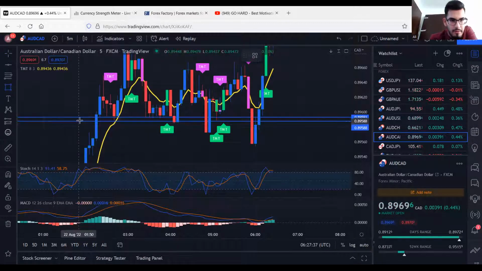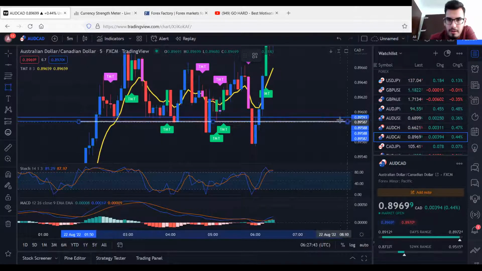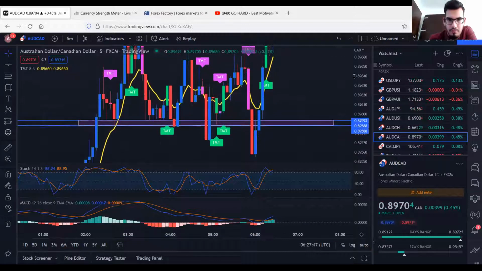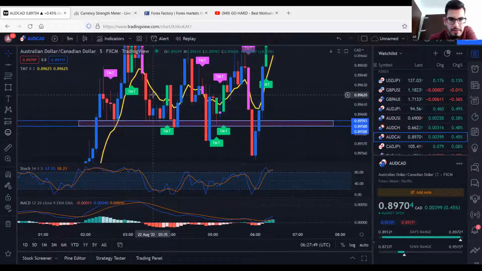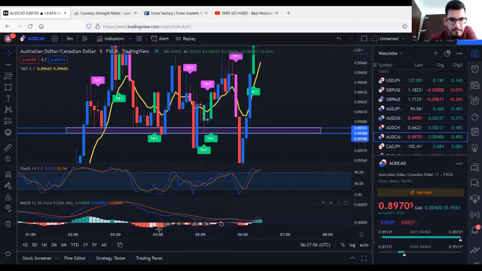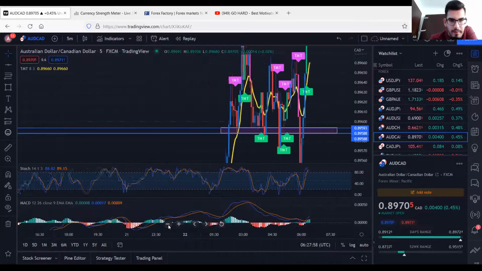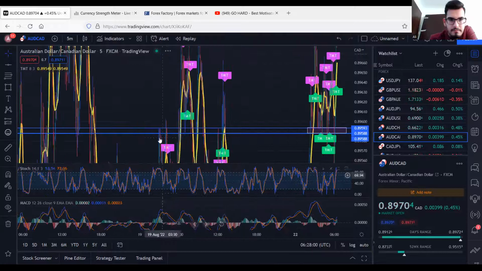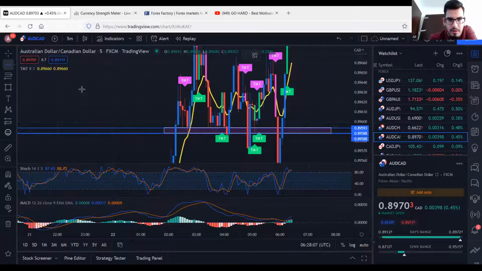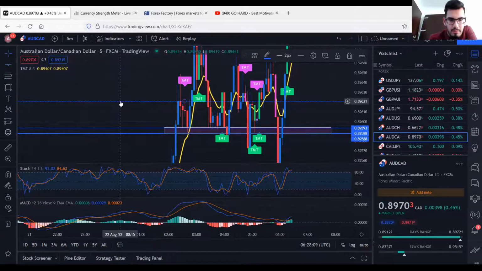So let me just draw up my area correctly and I will shout out that area as well. Actually, before I shout it out, I would mark up one more area for us. Probably somewhere about here. In fact, let me just draw a line so I can see roughly where the market can start bouncing back up.